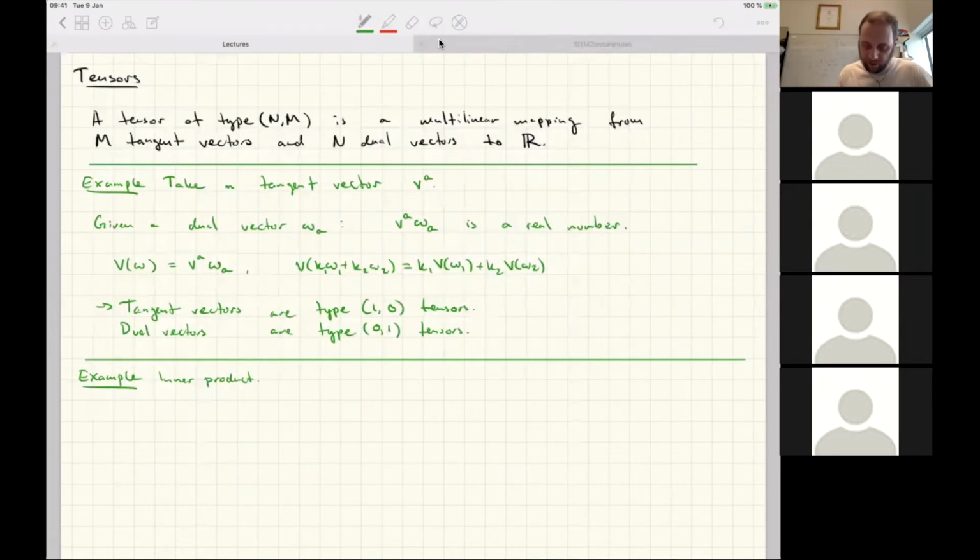So if we take V scalar product with W, I'm going to call it G of V and W. Since this is linear in both V and W, this function is going to be a tensor, and it's going to be a 0 2 tensor because it takes two tangent vectors and gives you back a number.